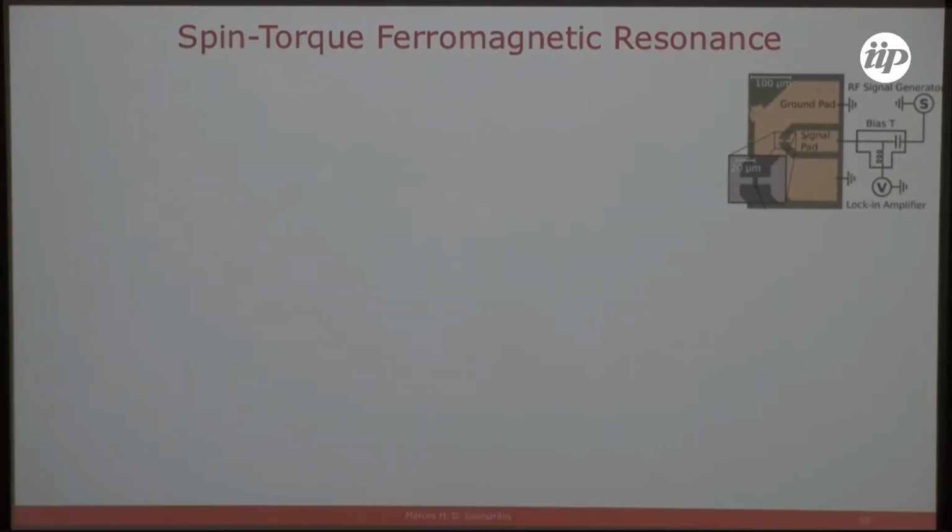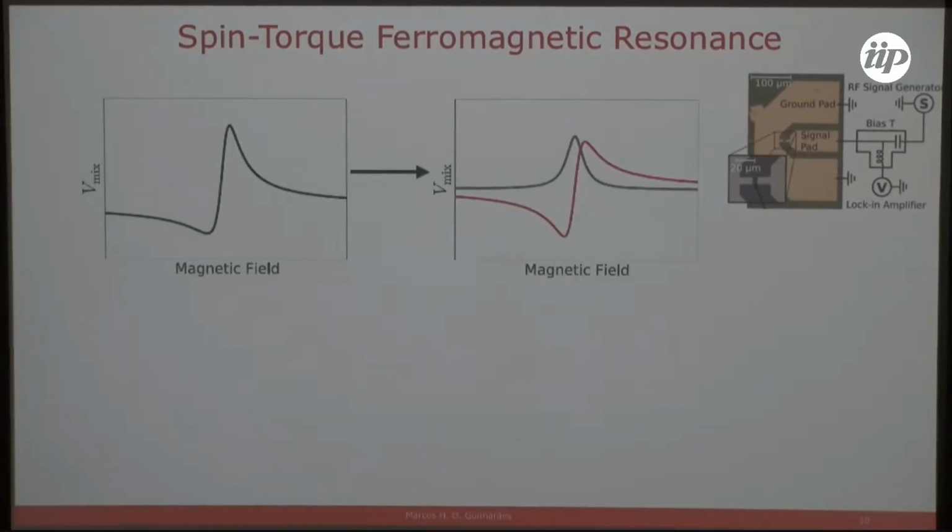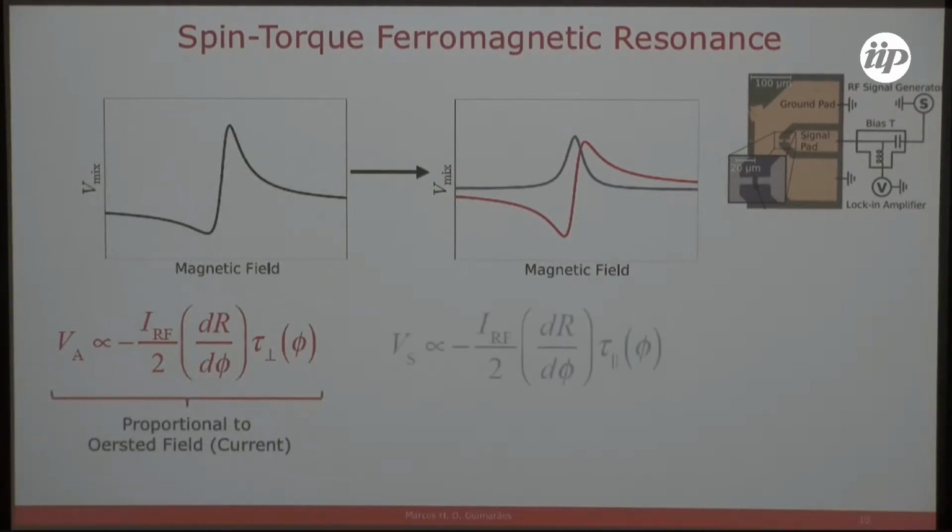And this resonance peak can be separated into two components, a symmetric Lorentzian and an antisymmetric Lorentzian, so it's basically one plus the other. And it turns out that the antisymmetric Lorentzian is proportional to, well, a bunch of terms times the torques that point out of plane. And the symmetric Lorentzian is proportional to the torques that point in the plane of the device.